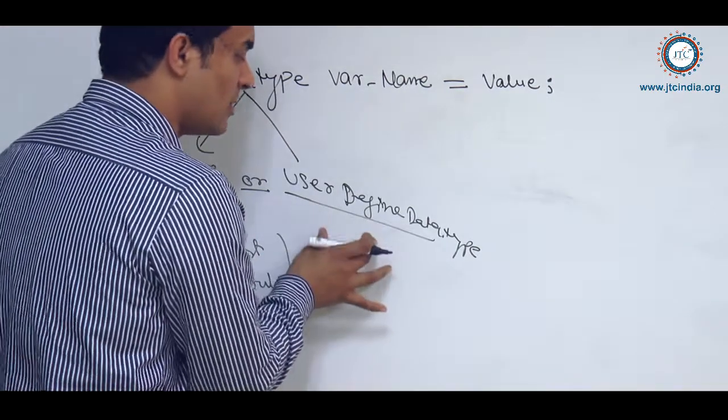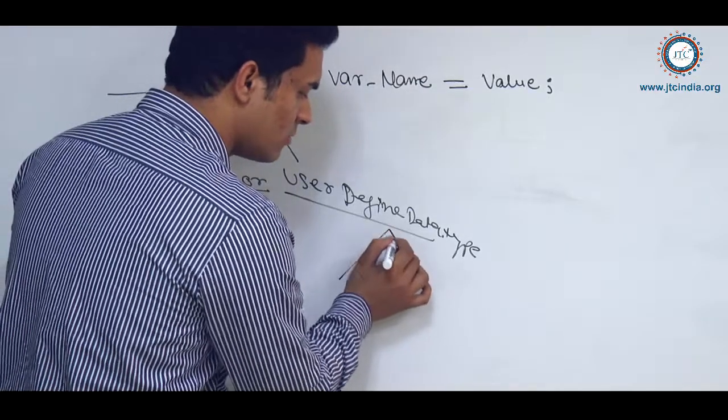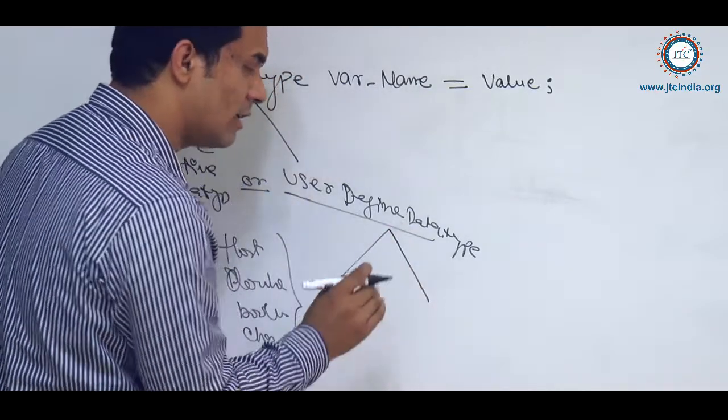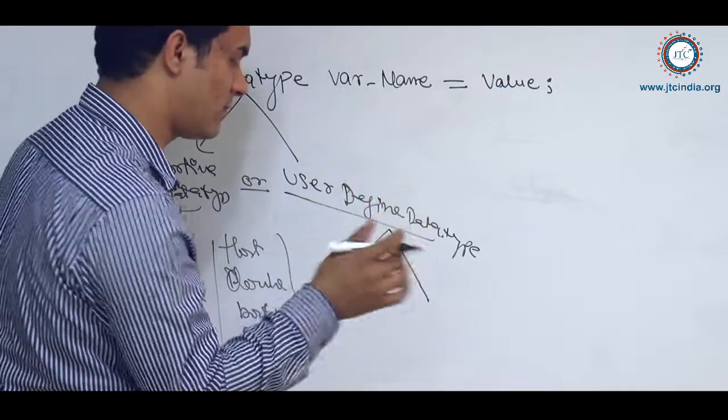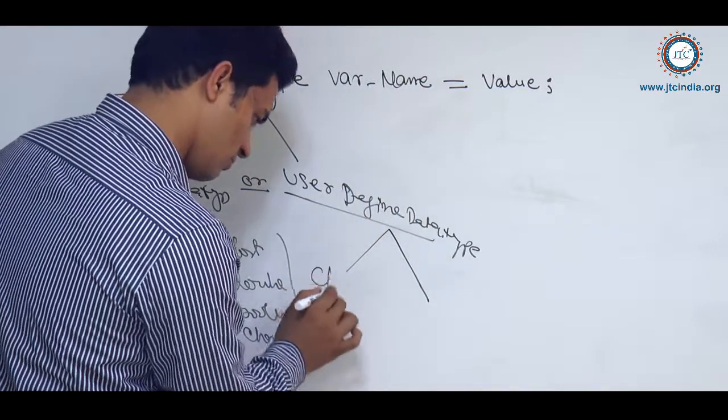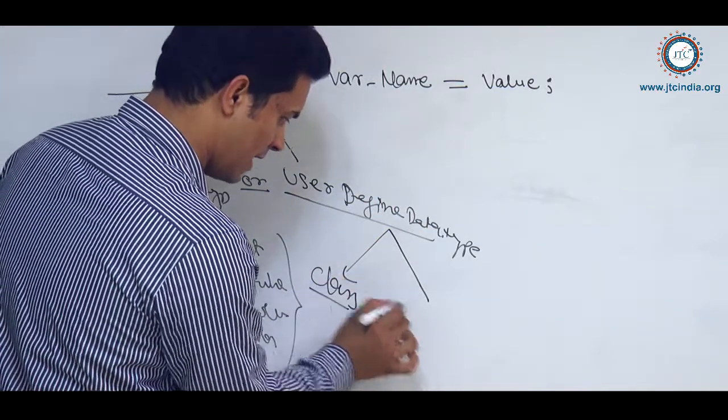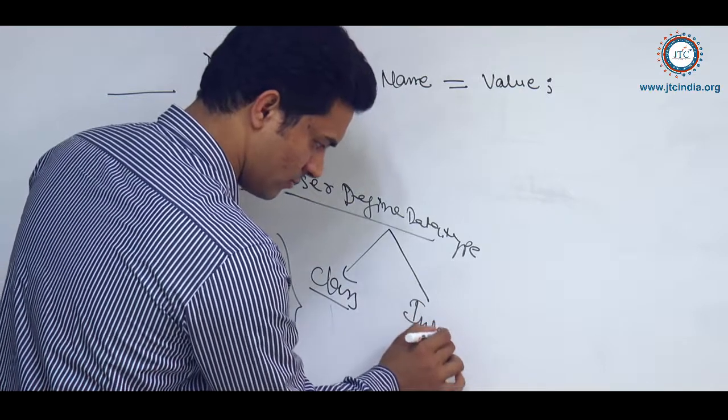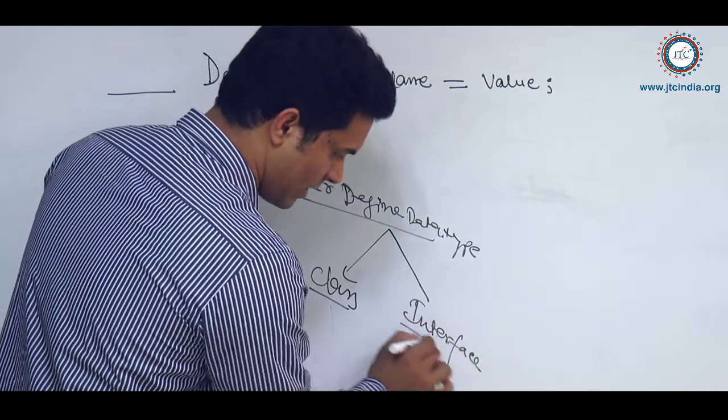Among the user-defined data types, before JDK 1.5 there were mainly 2: class and interface.